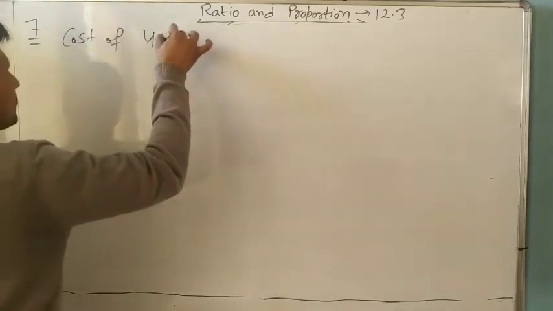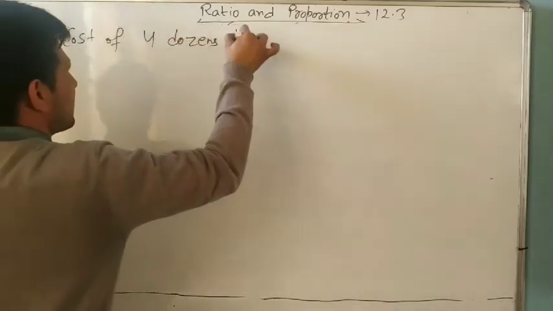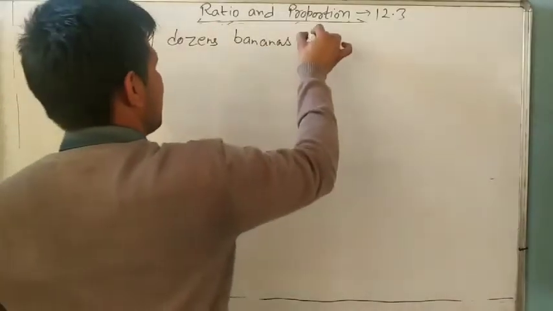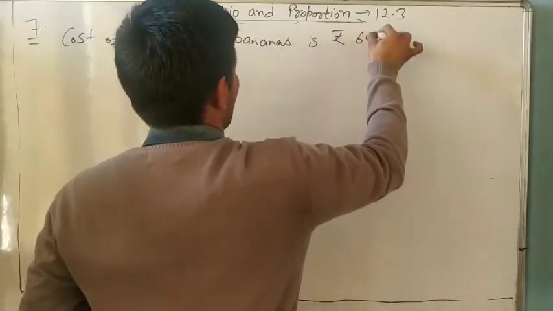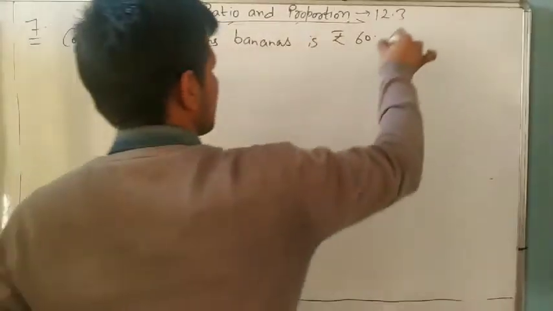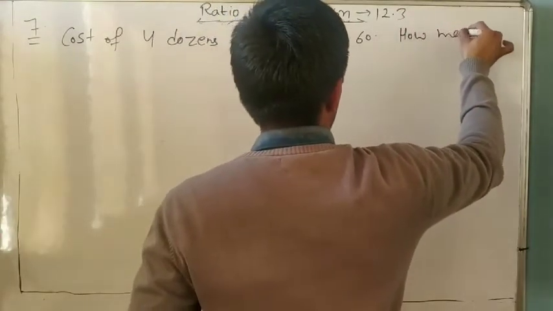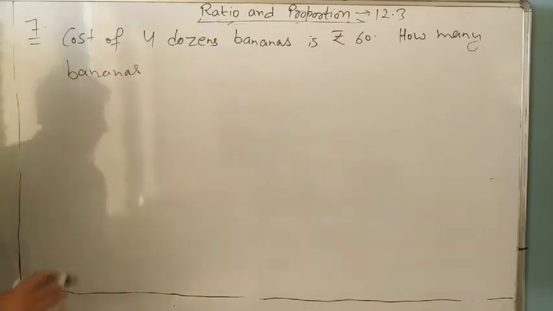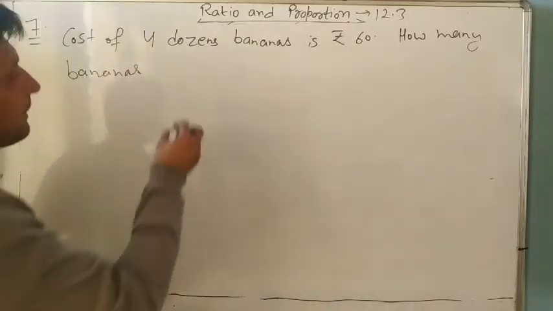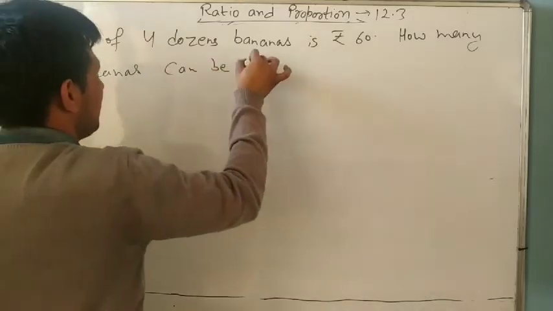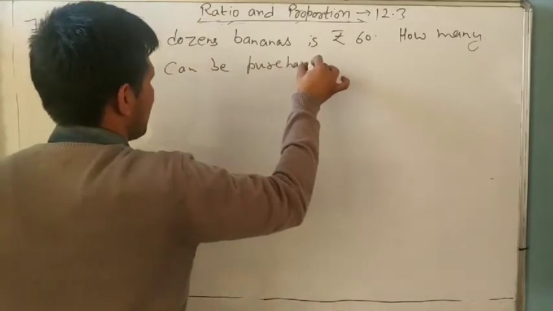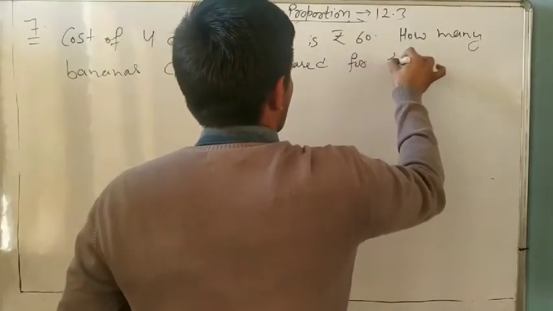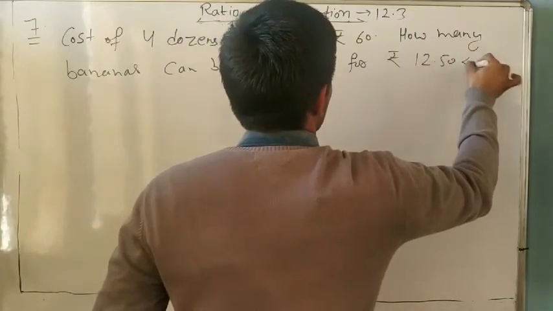Cost of 4 dozen bananas is 60 rupees. Next, how many bananas can be purchased for 12.50 rupees?